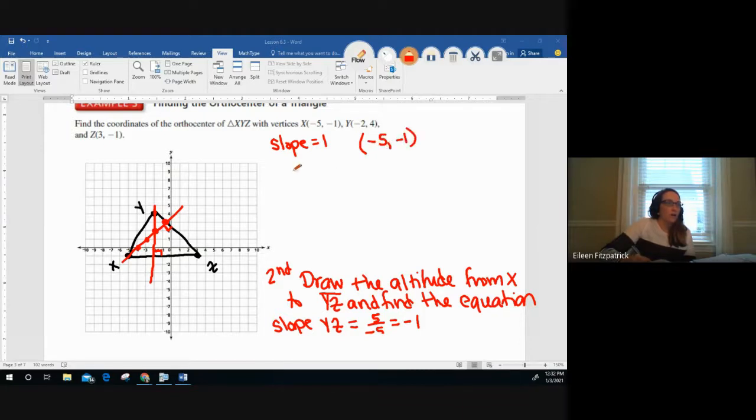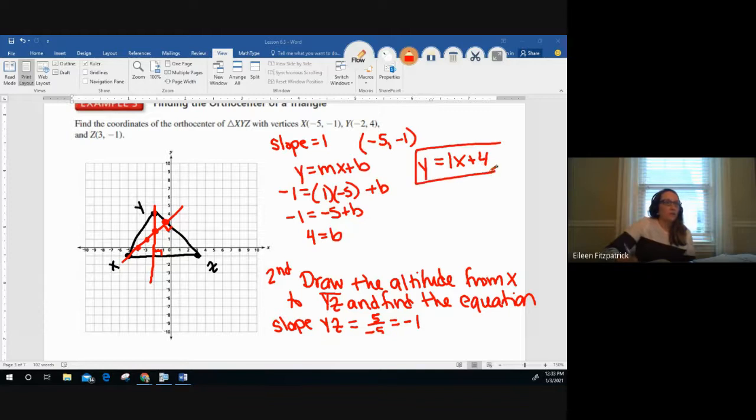So to come up with the equation, it's y equals mx plus b, where you fill in the y, the m, and the x. So it's -1 equals 1 times -5 plus b. So you have -1 equals -5 plus b. Add 5 to the other side, so you have 4 equals b. So the equation is y equals 1x plus 4.